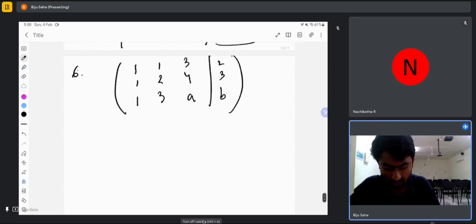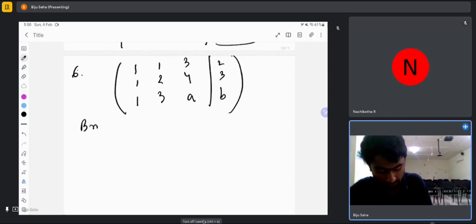Yeah, so again the job is to analyze with the help of the inferences that we achieved with the help of knowing the rank of the matrix and the rank of the augmented matrix. So let us bring it down to a row reduced form.